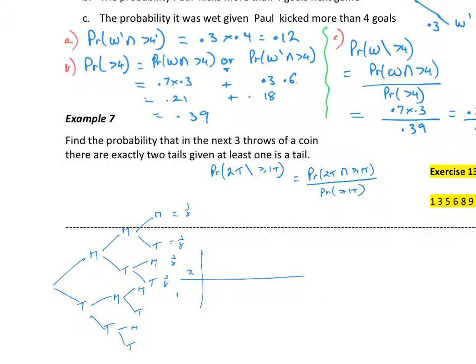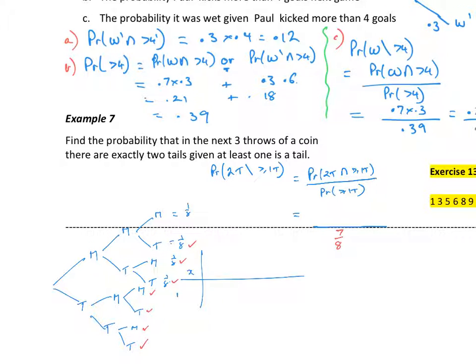All right, so let's have a look at the bottom one first, the probability of at least one tail. How many of all these combinations have greater than or equal to one tail? It's all of them except for the top one, isn't it? They all have at least one tail. So the probability of at least one tail is 7/8.